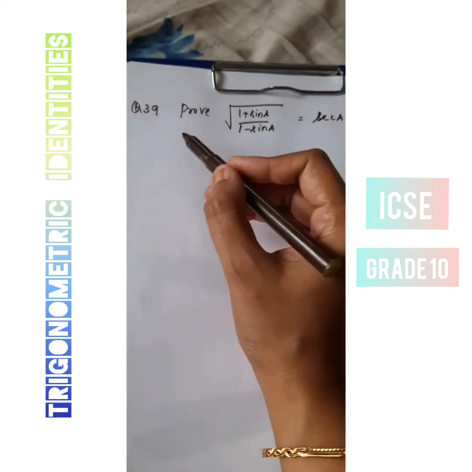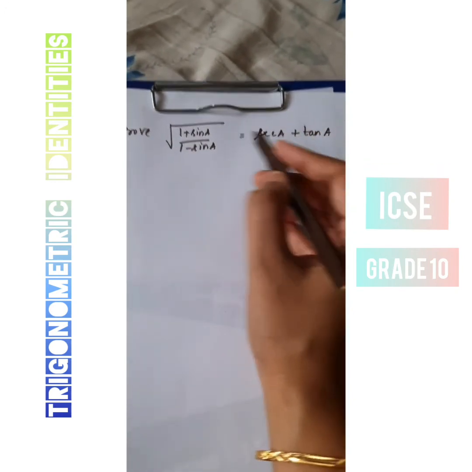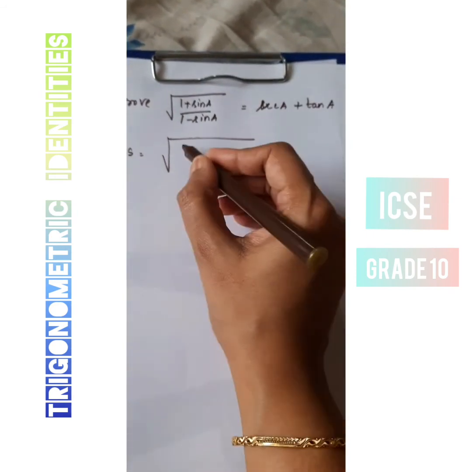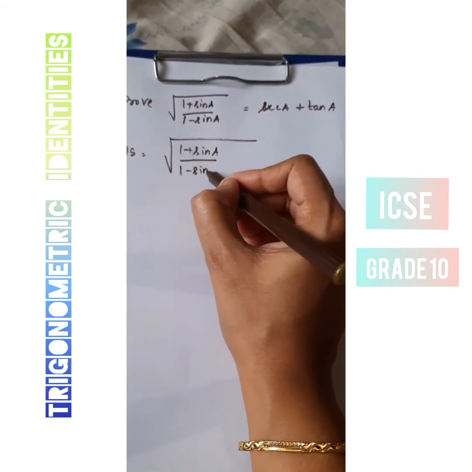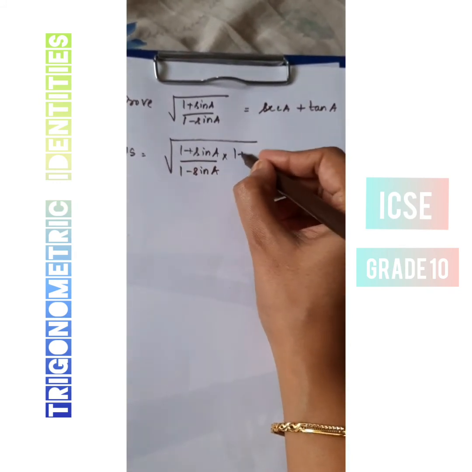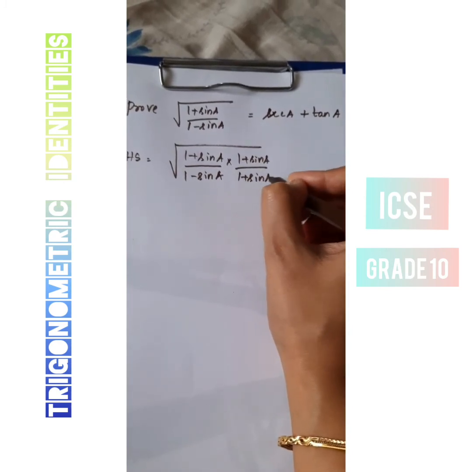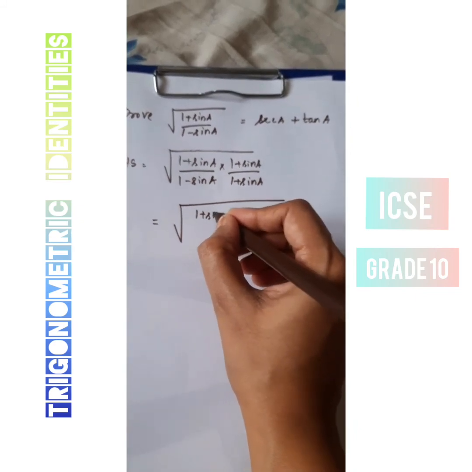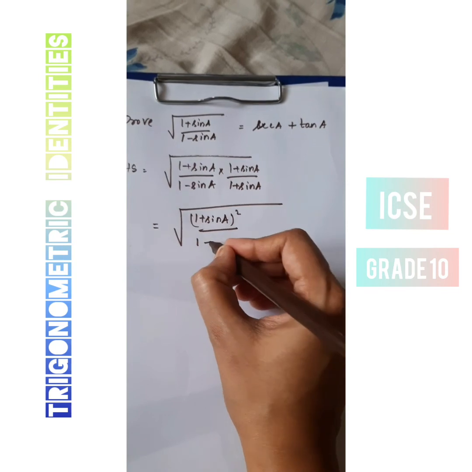Hence proved. Question 39. Prove square root of 1 plus sin A by 1 minus sin A equal to secant A plus tan A. So let's take the LHS 1 plus sin A by 1 minus sin A into 1 plus sin A by 1 plus sin A, which is equivalent to 1. So it's going to be square root of 1 plus sin A whole square in the numerator, and denominator is again A square minus B square.